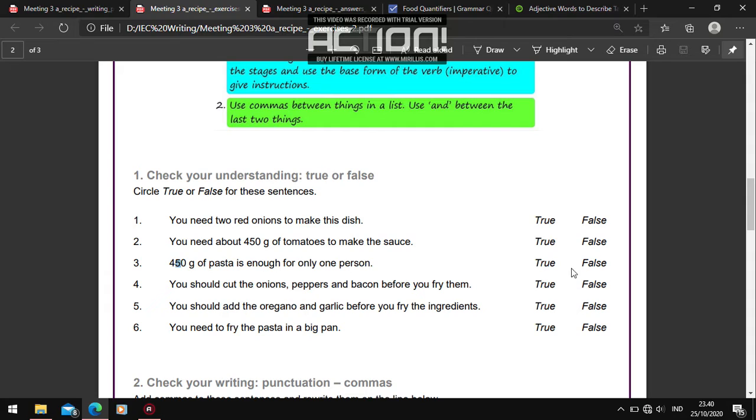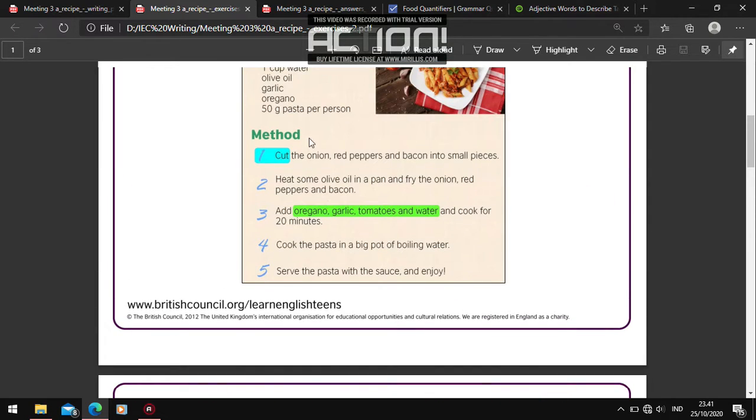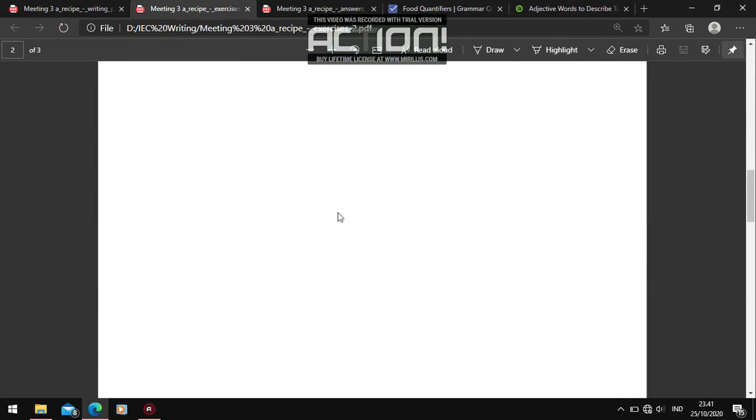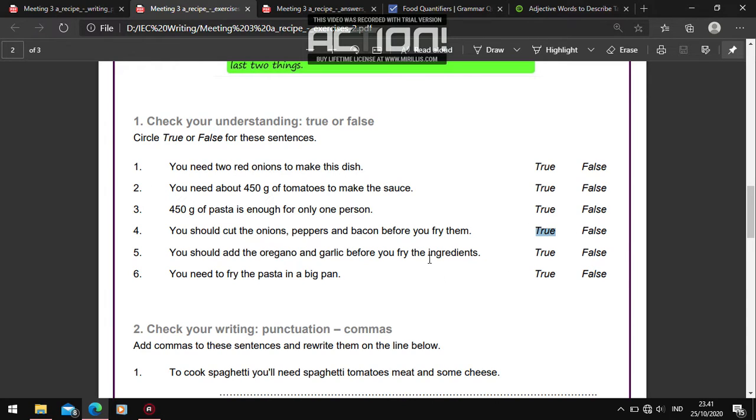So that's why the answer is false. Okay, now for number 4, you should cut the onions, peppers and bacon before you fry them. Is it true? Now you see the stages. That's why they say cut the onion. You have to cut first, and then you cook the pasta. That's why you need to cut it first. The answer is true.